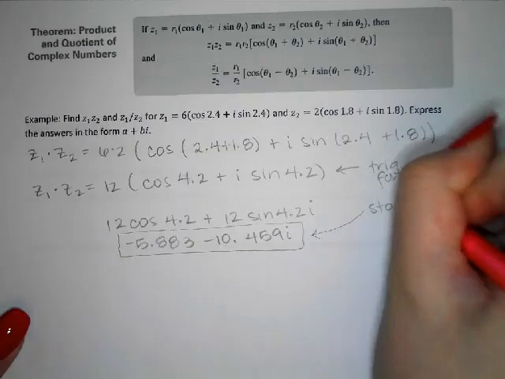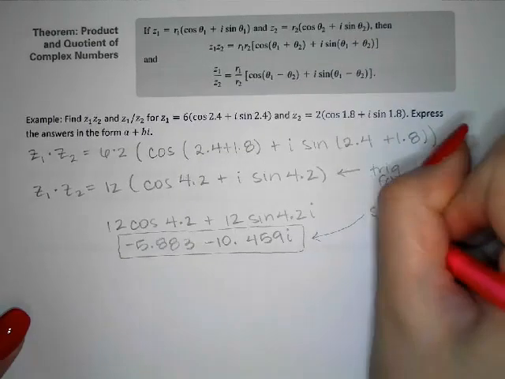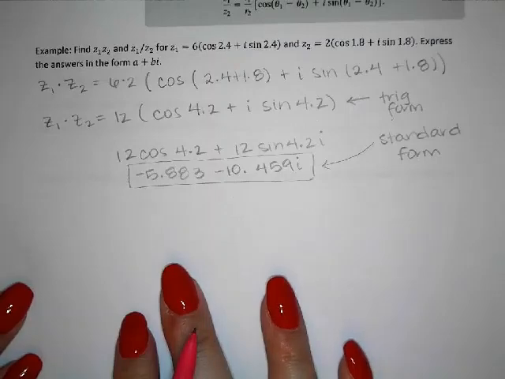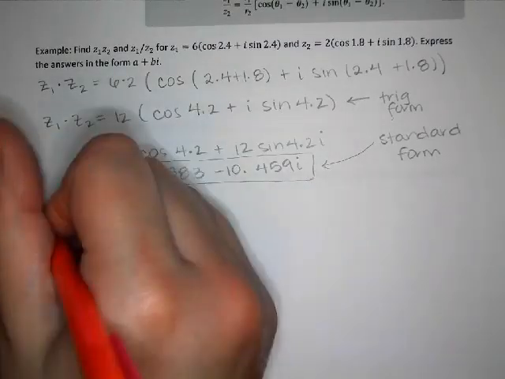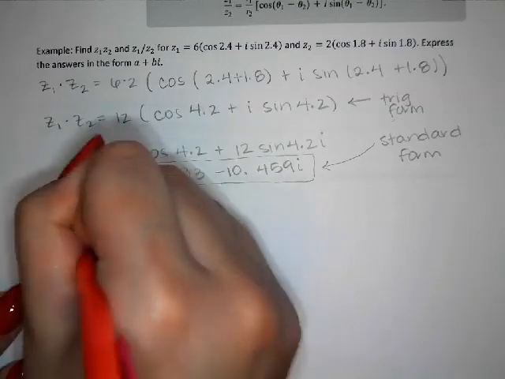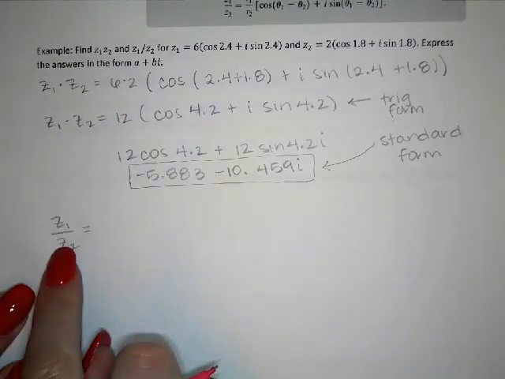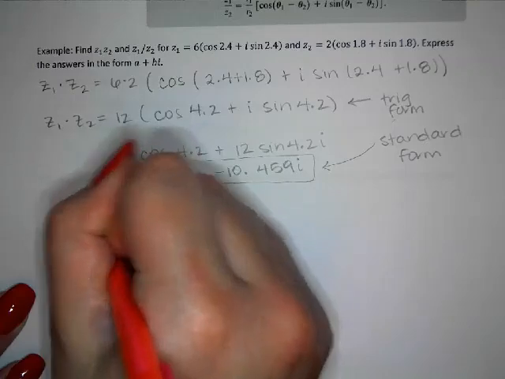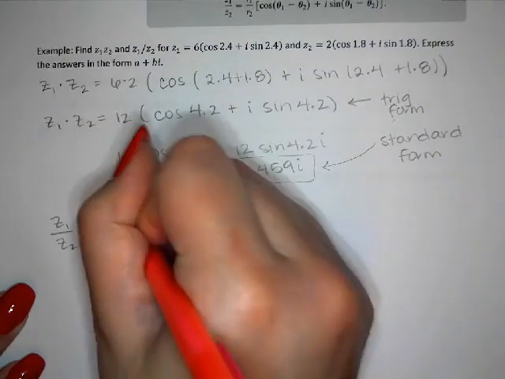Okay, we'll go ahead and do a similar process to find the quotient. So the first complex number divided by the second complex number, we will do the first modulus divided by the second modulus, cos the first argument minus the second argument.